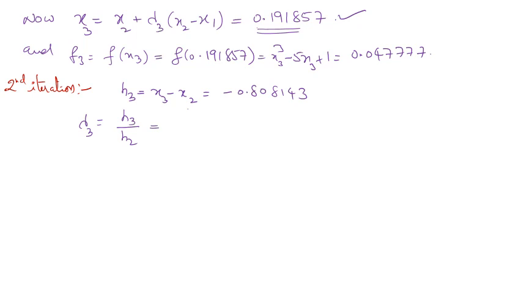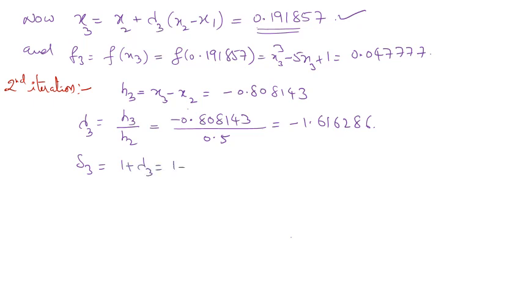That is h3 value, minus 0.808143, by the h2 value 0.5. This value is minus 1.616286, and the delta 3 value is 1 plus lambda 3. So 1 minus 1.616286 is equal to minus 0.616286.